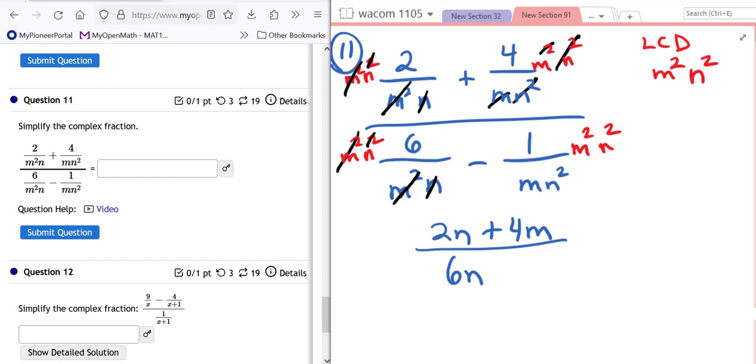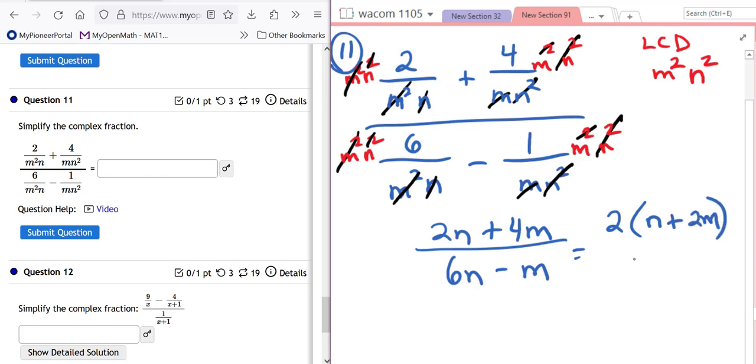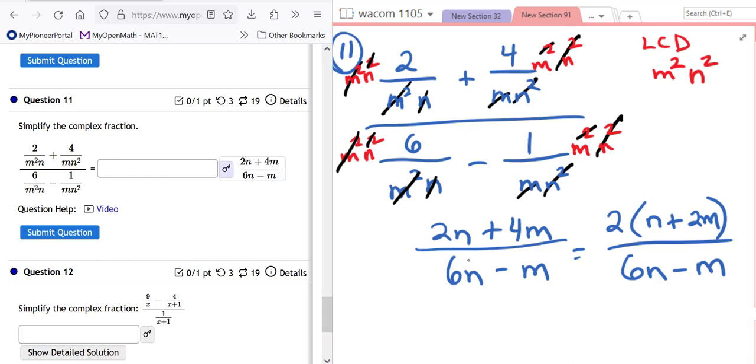And this one, one m goes away, both n's go away, so I have minus m. You could take out a GCF in the numerator, so 2 times n plus 2m. There's nothing to do down here. Since it doesn't reduce, you could leave it here. So let's just check it. It should have also accepted the other one.